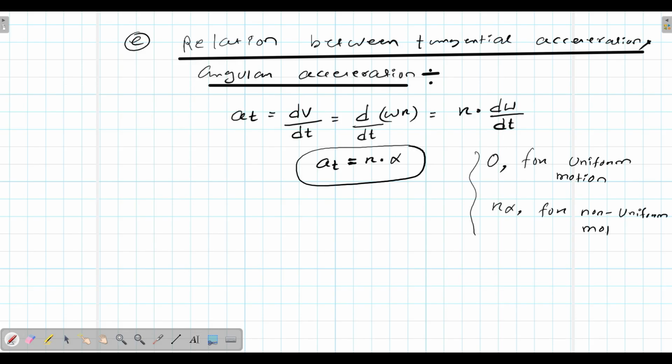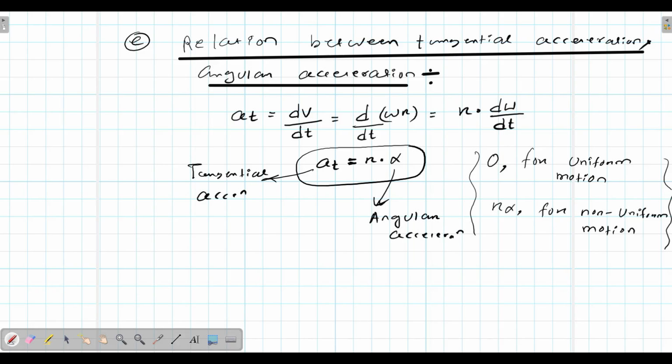So this is the relation between tangential acceleration and angular acceleration. At is the tangential acceleration. Alpha is the angular acceleration.